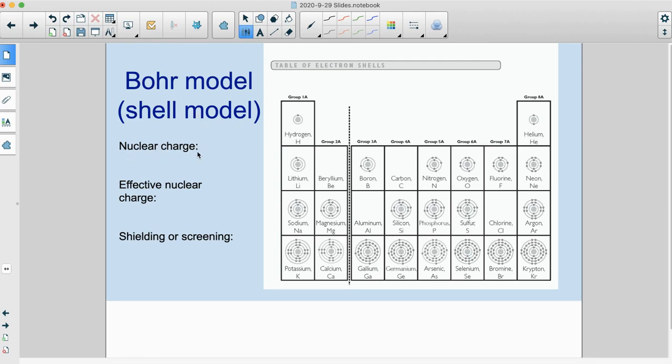First of all, the nuclear charge is exactly what it sounds like. It's the positive charge of the nucleus. Positive charge in an atom comes from the proton, so this positive charge of the nucleus is equal to the number of protons.